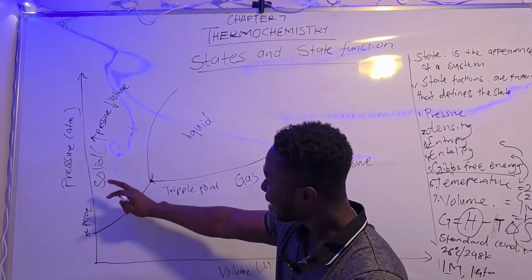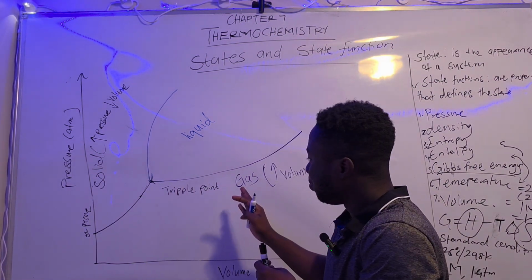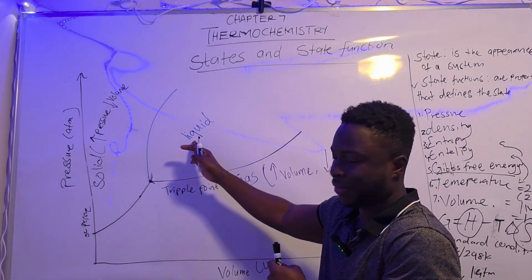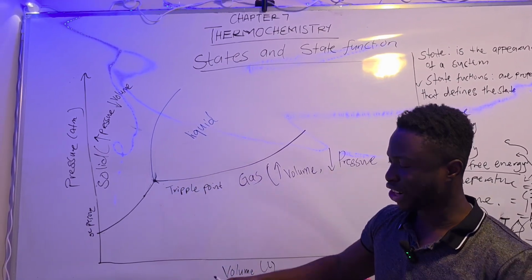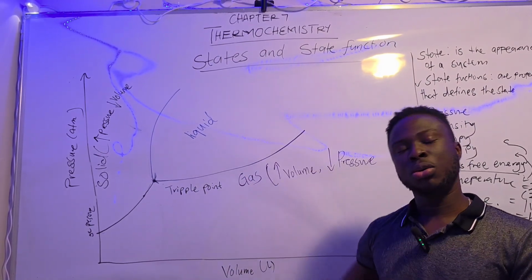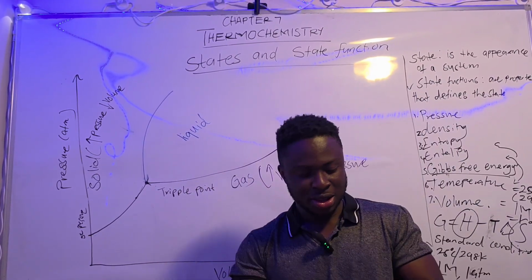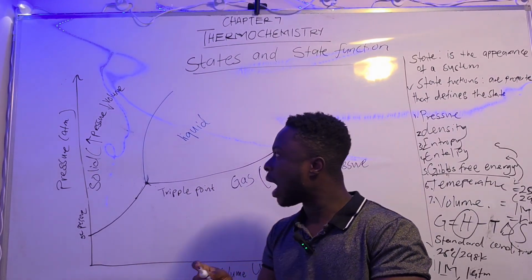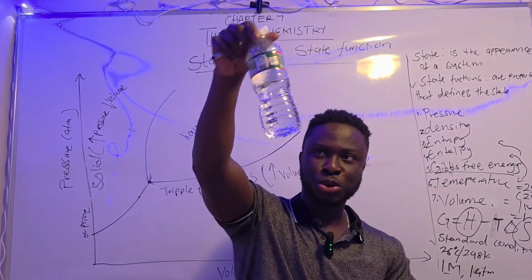So if we have a particle, right, let's start with the liquid phase. If we have something that is of moderate pressure and moderate volume as a liquid, for instance, let's say we have our water bottle, right?